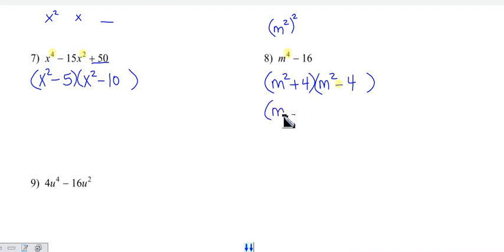So I'll rewrite this first parentheses exactly as it is, and I'll take this second parentheses and split it again. What's being squared to give me m squared? M times m. What is being squared to get 4? 2 times 2. One of them gets a plus sign, the other gets a minus sign. And now I'm done on number 8.